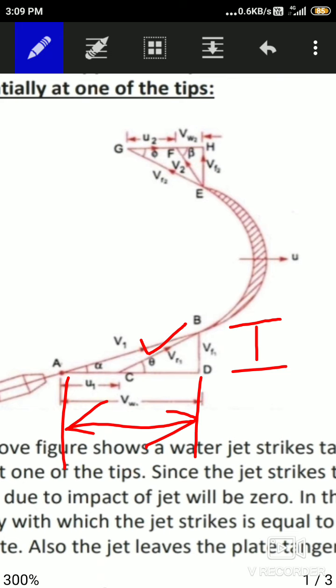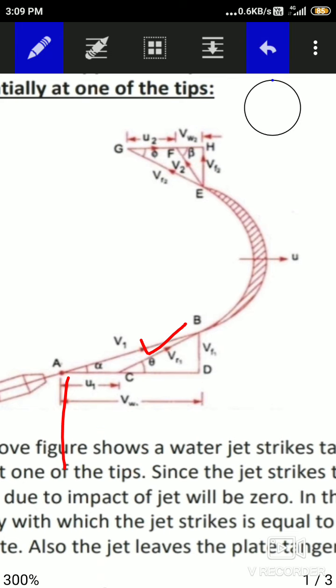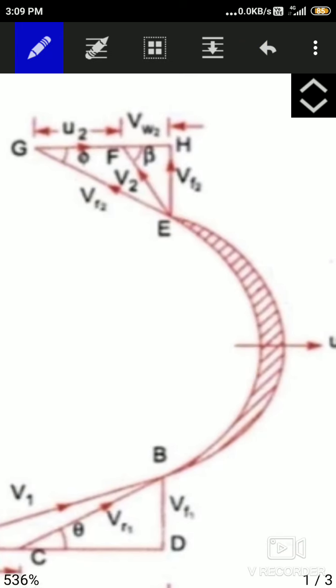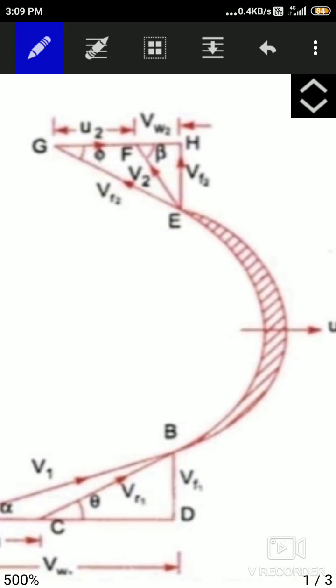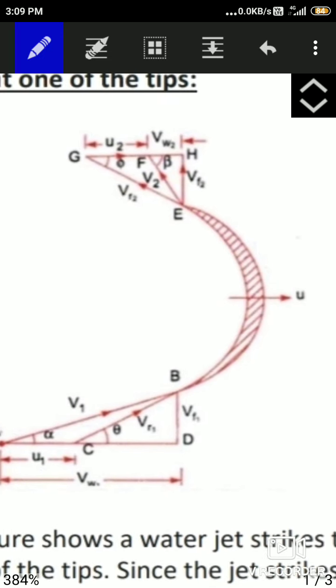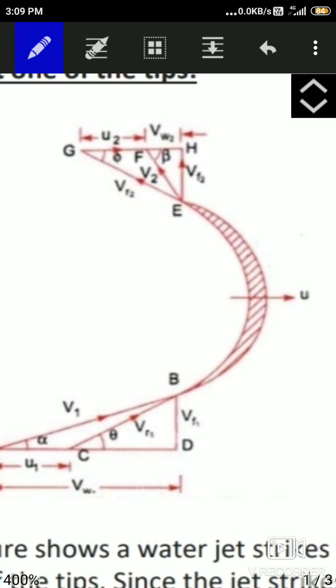Similarly, at the outlet, one velocity triangle is there. Using the same principle, the velocity triangle is drawn here. How is it drawn? It is assumed, again like previous cases, that the velocity at which jet strikes the plate is equal to the velocity at which jet leaves the plate.